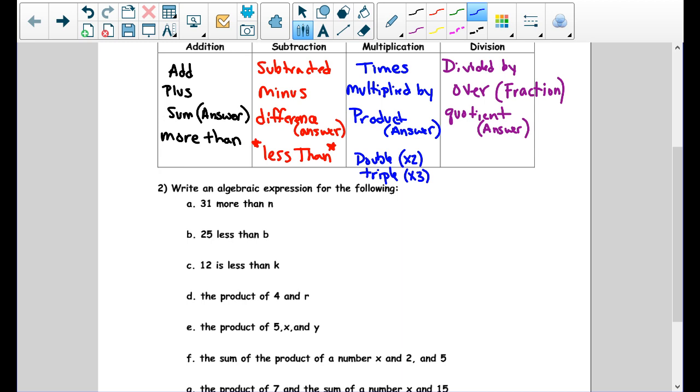To be technically correct, it would be n plus 31. Does it matter what order I add numbers in? No. Because it's just addition, you could have 31 plus n. That would have been okay.